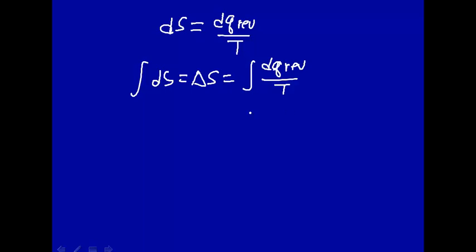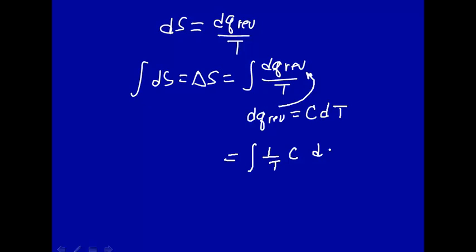However, we do know that for a reversible process, or in general for anything, dq is the heat capacity times the change in temperature, or since we're doing infinitesimal changes here, let me write this as C dT. So if that's the case, we can put that up there, change the variable of integration. So this now will be the integral of 1 over T times the heat capacity times dT.